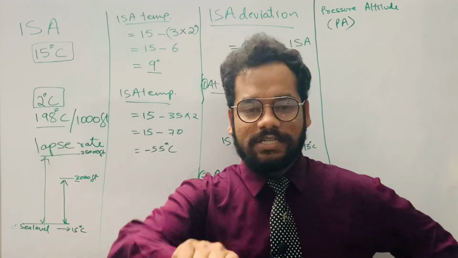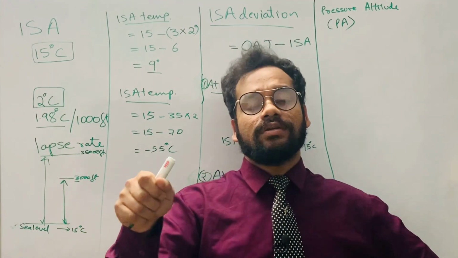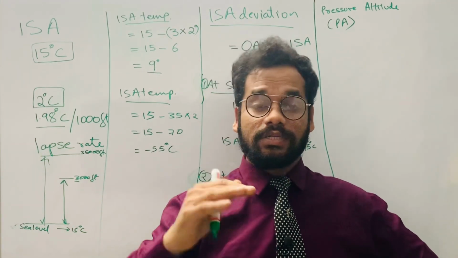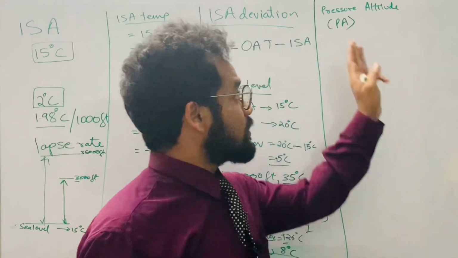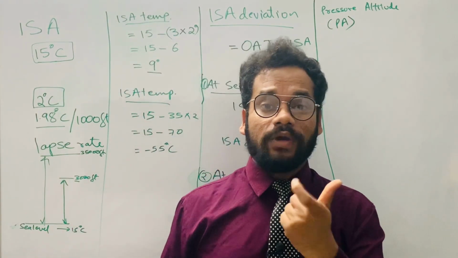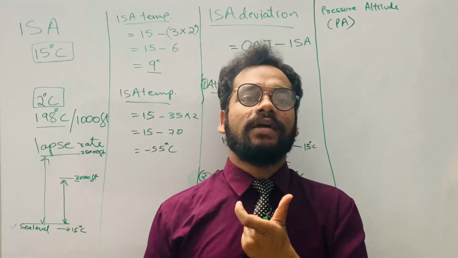If you're in the cockpit, just set 1013 hectopascal or 29.92 inches of mercury in the altimeter. If you're at a particular flight level, then whatever altitude you see, that is basically the pressure altitude. So that's one of the ways to check the pressure altitude.